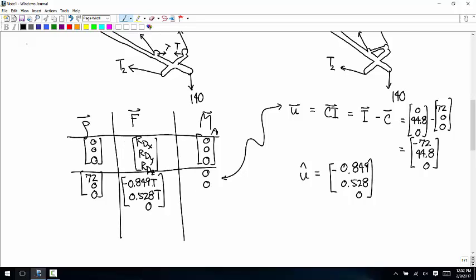What's that? Can someone multiply 72 times 0.528? 36.86? 96. 72 times 0.528. 38.02.